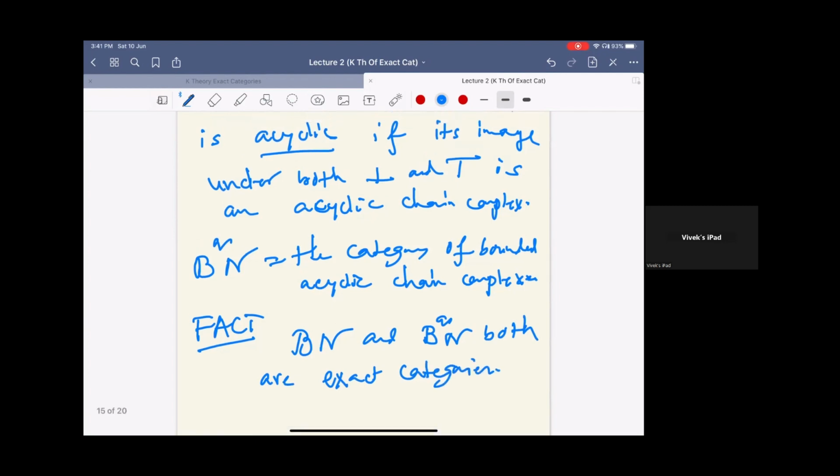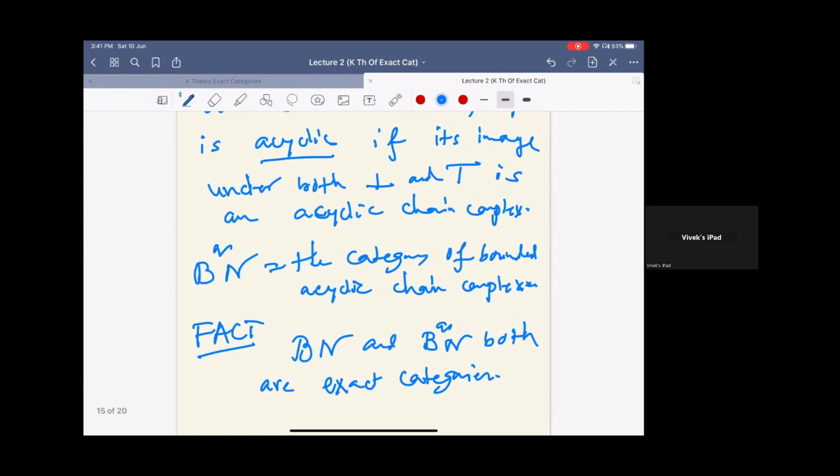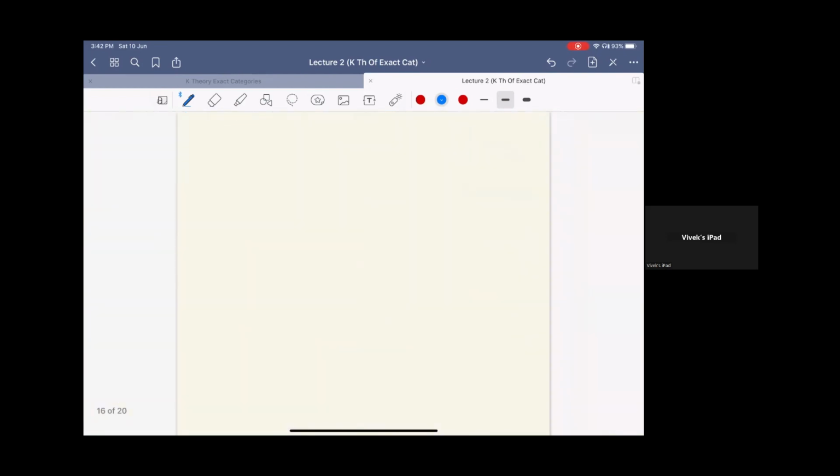That exactness is checked using these two functors, top and bottom, because if you apply the top and bottom functors, you land in chain complexes. So by iterating the process, you can consider the n-dimensional binary complexes and n-dimensional acyclic binary complexes, because Bn and BQn both are exact categories.